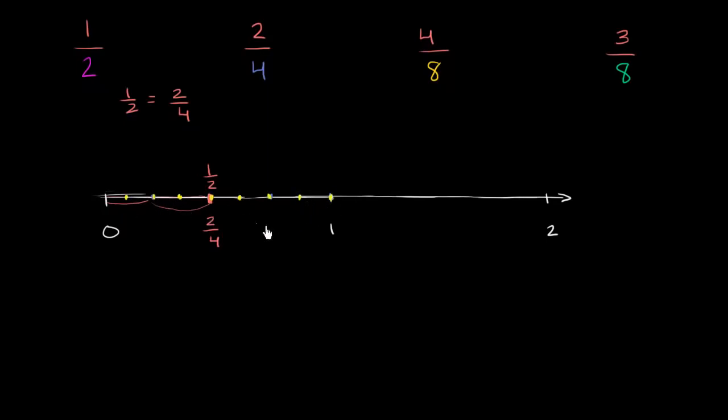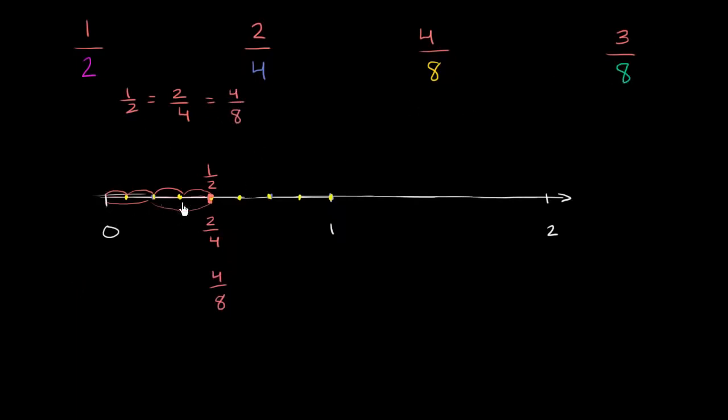So now it's 8 equal sections, and now we're going to go 4 of them. Starting at 0, we're going to go 1, 2, 3, 4. So we end up at the same place again. This is also equal to 4/8. So 1/2 is equal to 2/4, which is equal to 4/8.